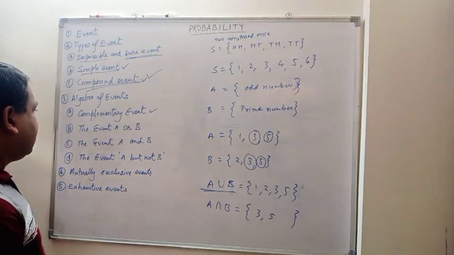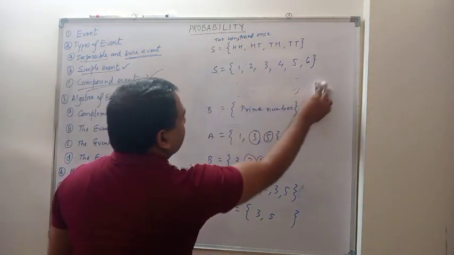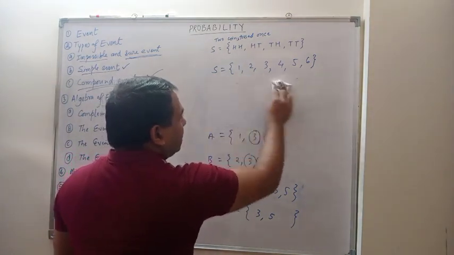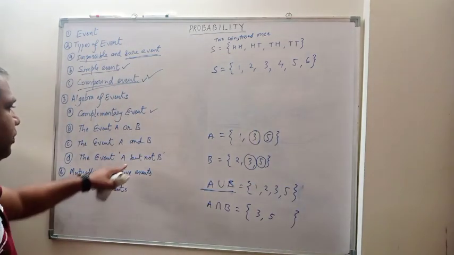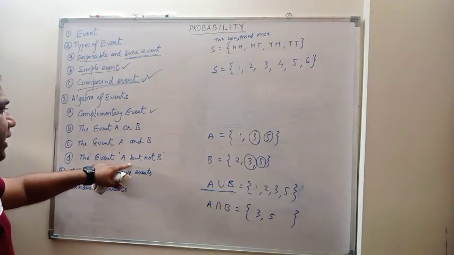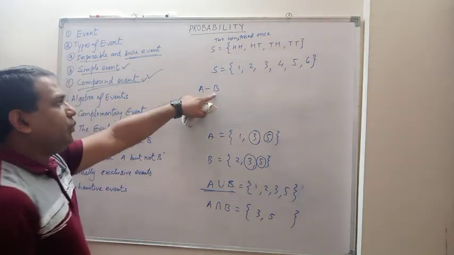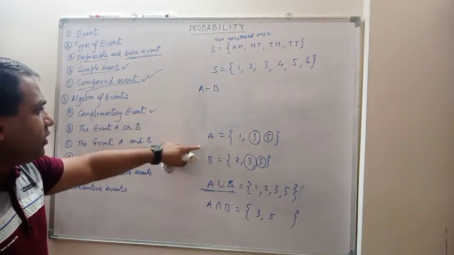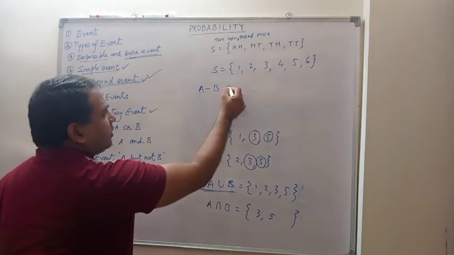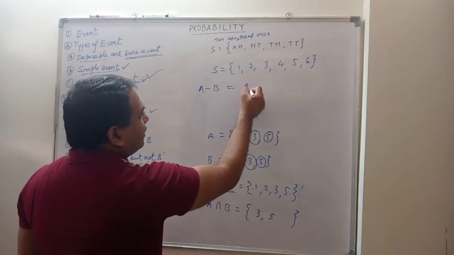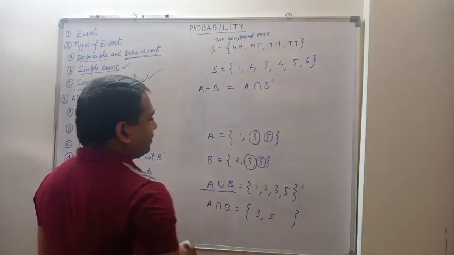And if I consider the event A but not B, that means I have to consider A but not B, so I will subtract B from A. Mathematically, I write this as A intersection B dash.